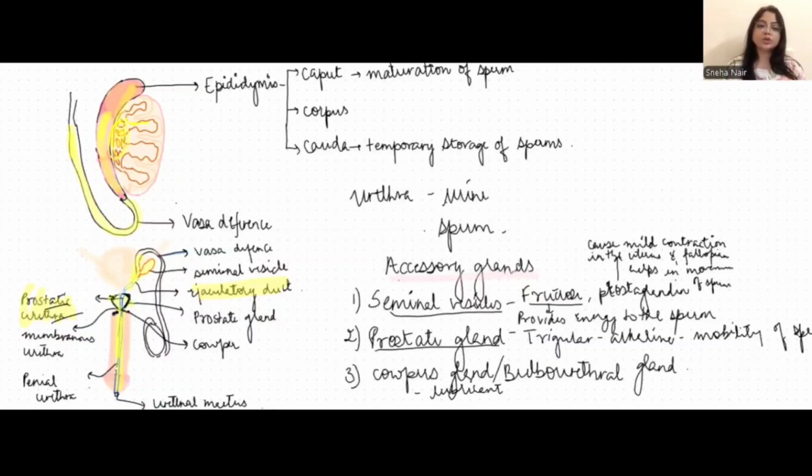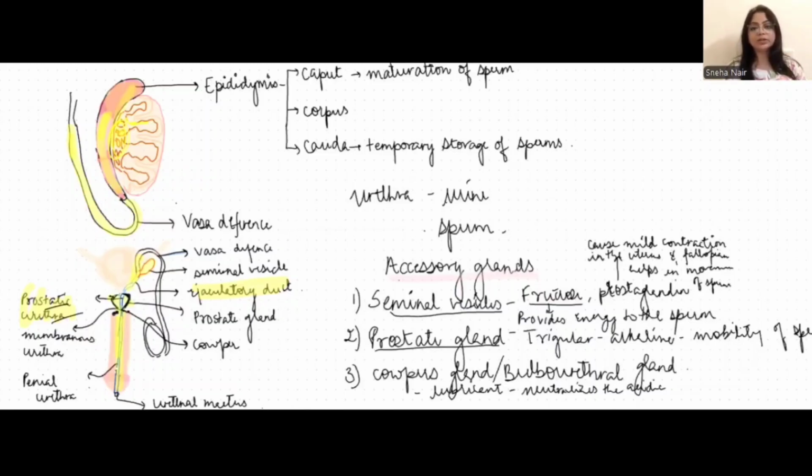Plus, it also helps in neutralizing the acidity or acidic nature of the female reproductive tract. So these are various accessory glands that are present in the male.